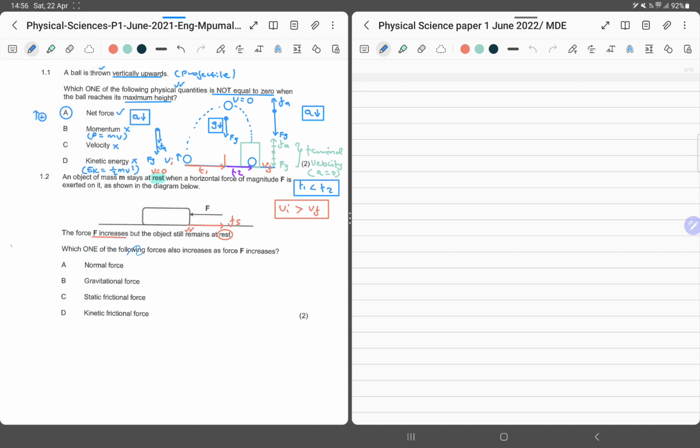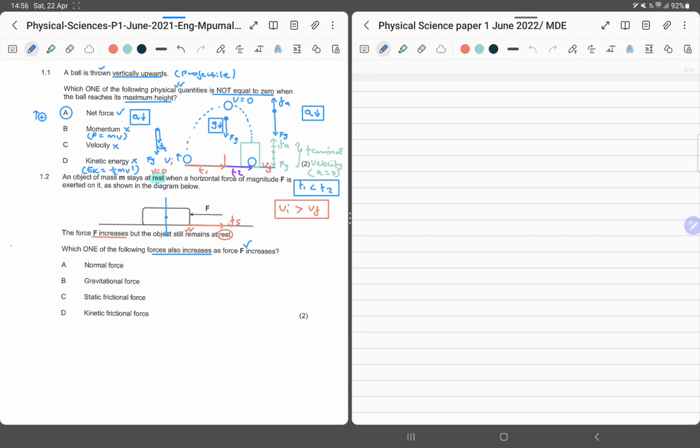We're told here, which one of the following forces also increases as F increases? Okay, is it the normal force? Remember, the normal force and the gravitational force are vertical, or should we say they act perpendicularly. Let me try to make it vertical.